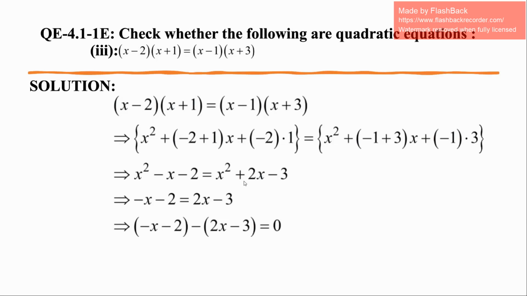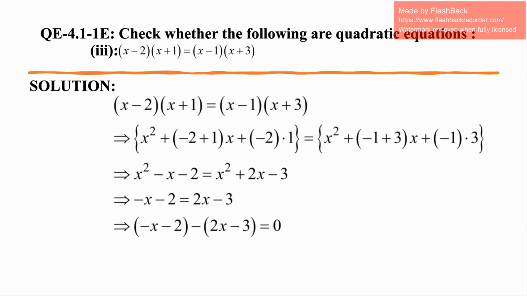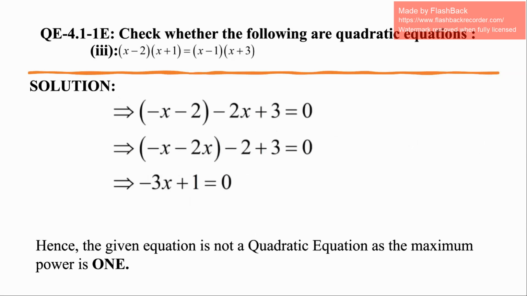Similarly we have followed it on the right hand side also. Then we simplified both sides. On the left hand side we get x squared minus x minus 2, and on the right hand side we get x squared plus 2x minus 3. We have just simplified it, and we have continued on the next slide also.